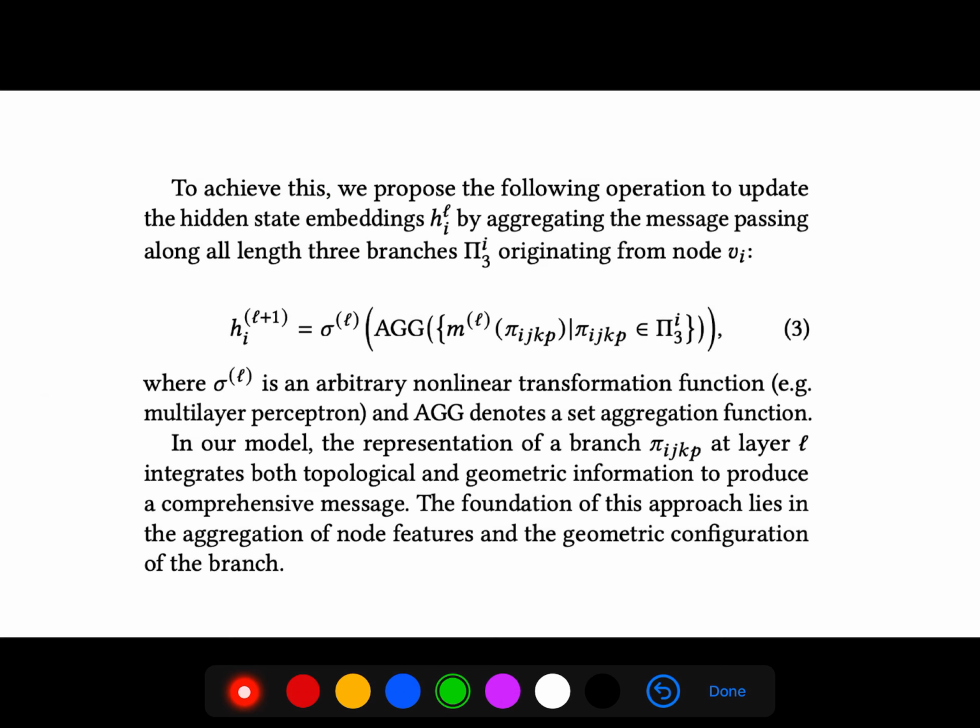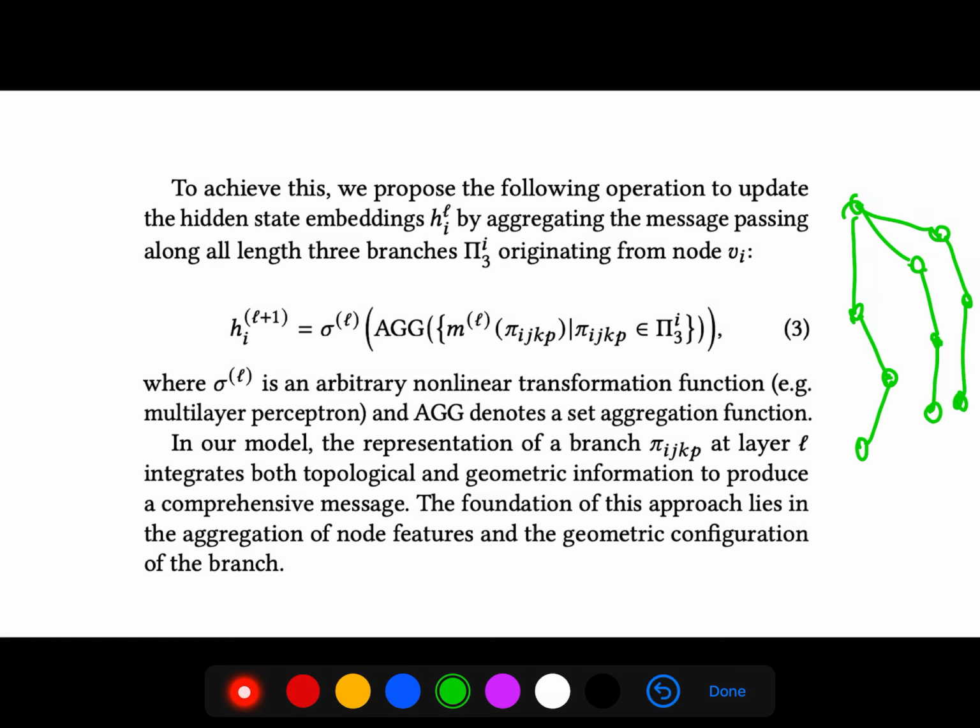So we propose the following operation to update the hidden state embedding by aggregating the message passing along all length 3 branches. So along all length 3 branches, for example, this is a length 3 branch, another branch, and another branch. It's like a river.